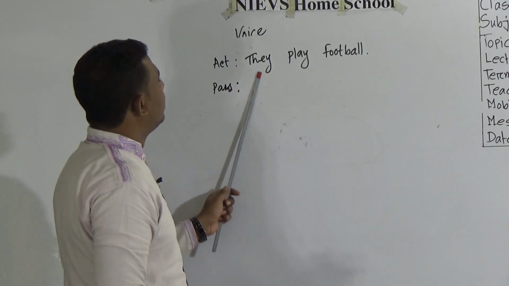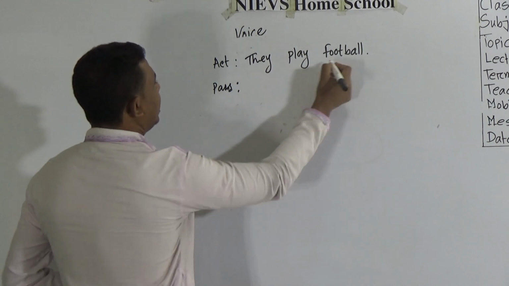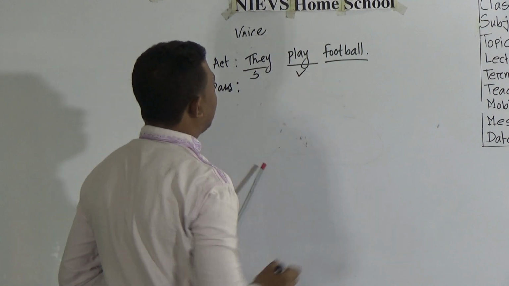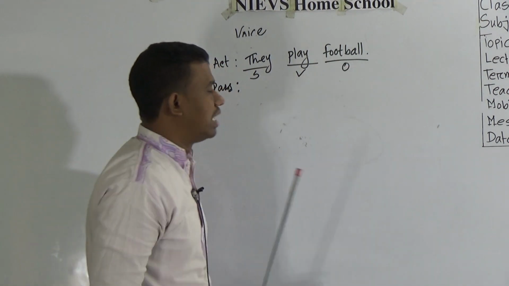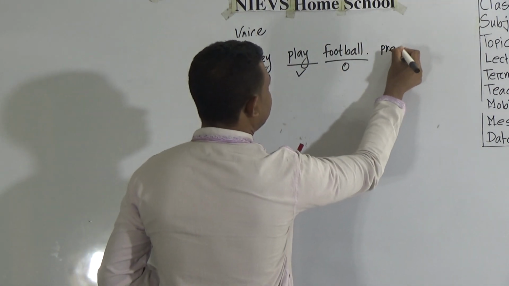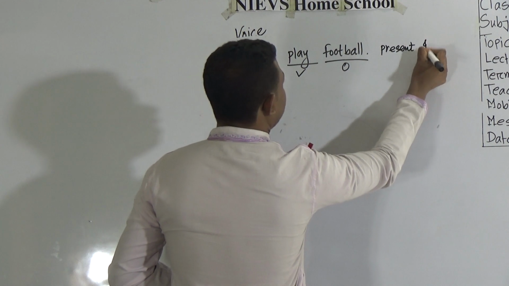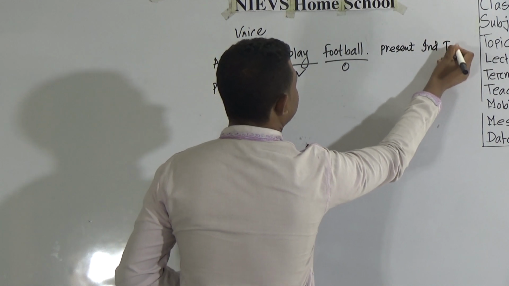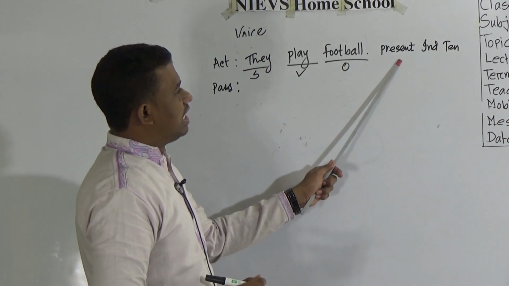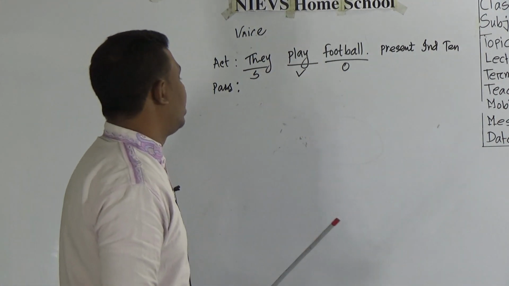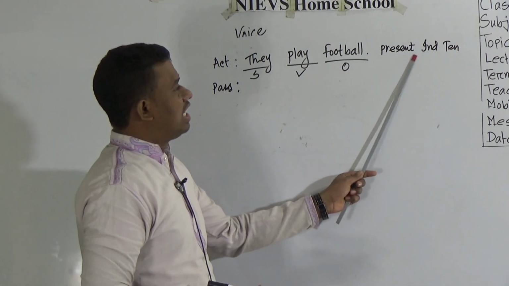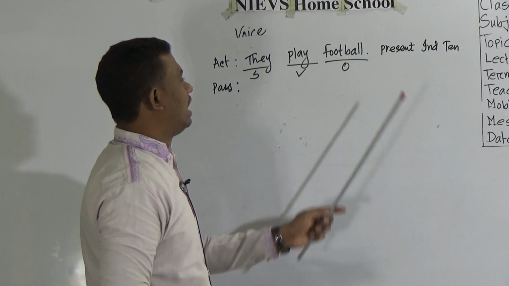In passive form, "They play football." What are its object and subject? "They" is the subject, "play" is the main verb, and "football" is the object. And "They play football" is present indefinite tense. I told you that for the case of present indefinite we have to use am, is or are.